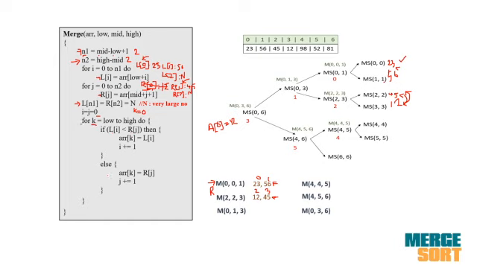So for the next iteration, the value of k is 1. Now again we do a checking. This time L0 is compared to R1. L0 is 23, R1 is 45. So in this case, this condition is true.